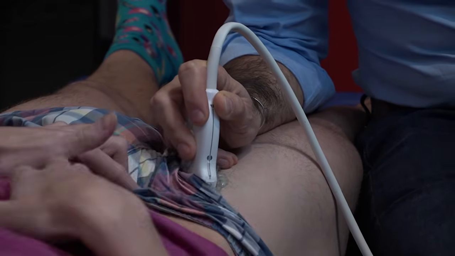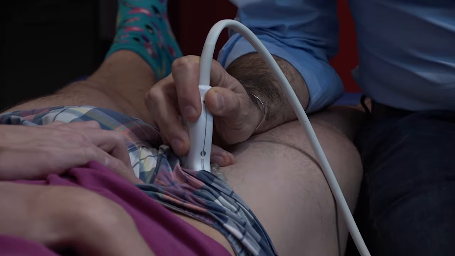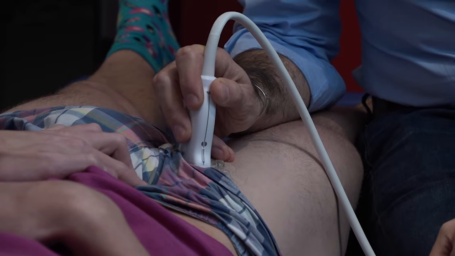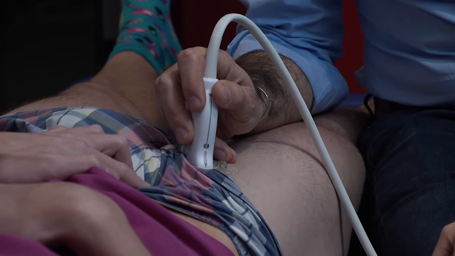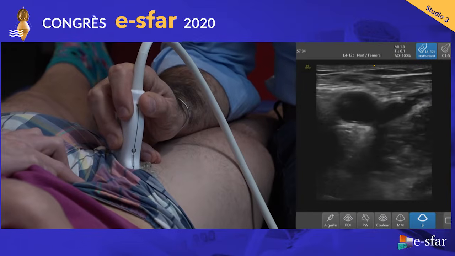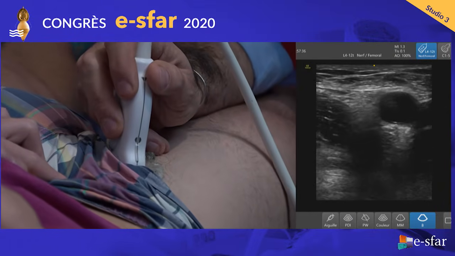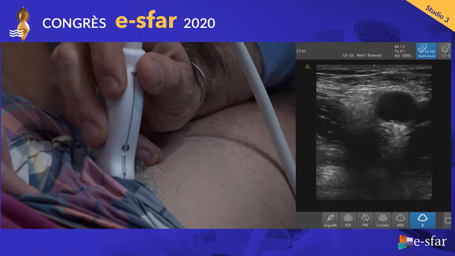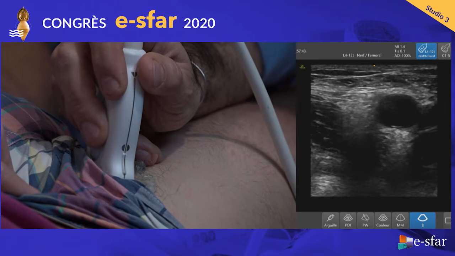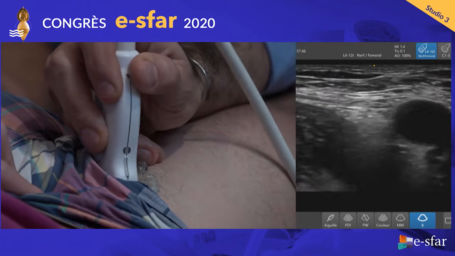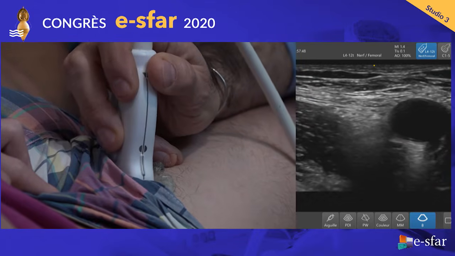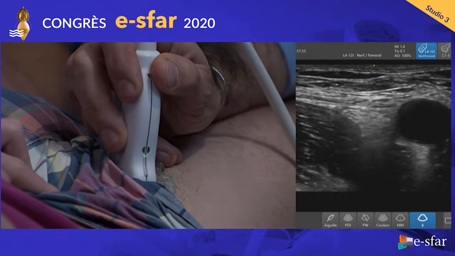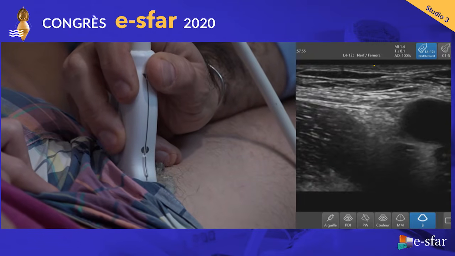And more proximally, we have the femoral artery, and medially to the femoral artery, we can see the femoral vein, excuse me. Laterally to the femoral artery, we can see the femoral nerve. The femoral nerve is very flat on this image because it's just running on the iliacus muscle.